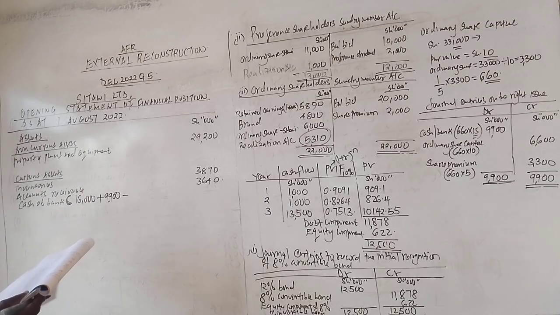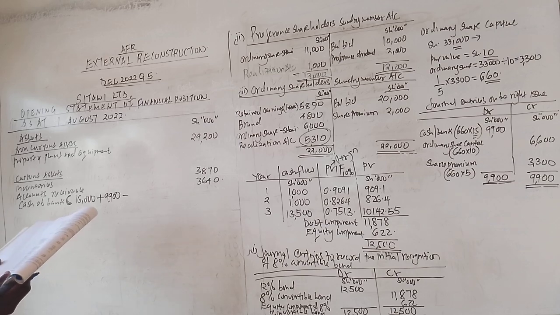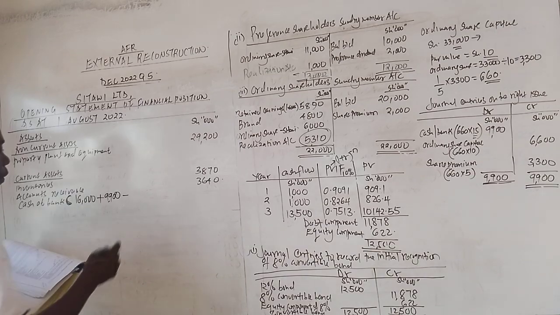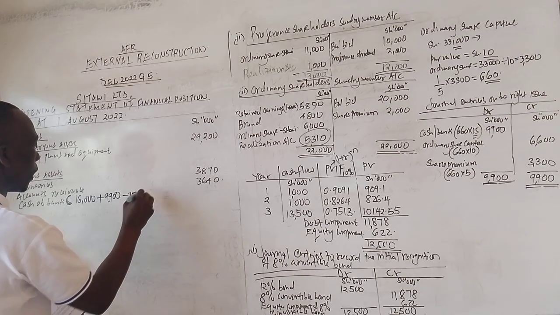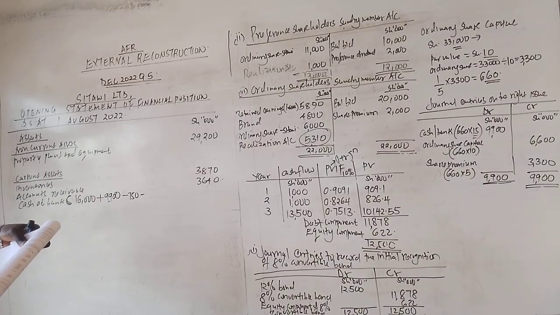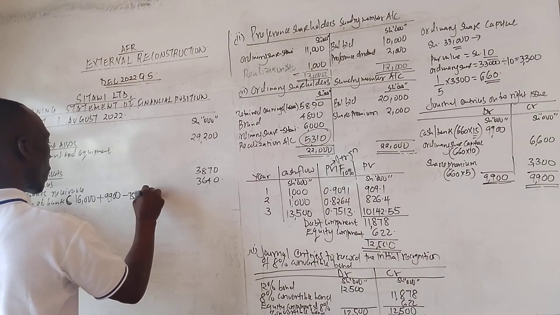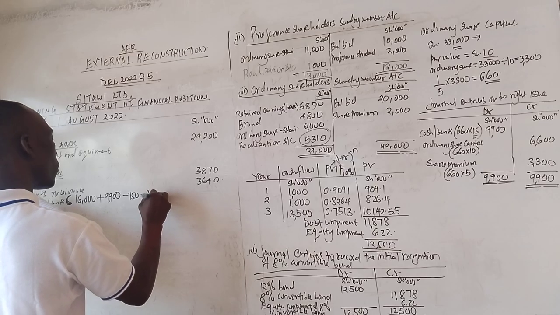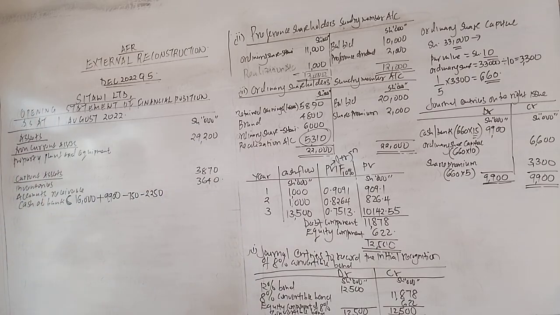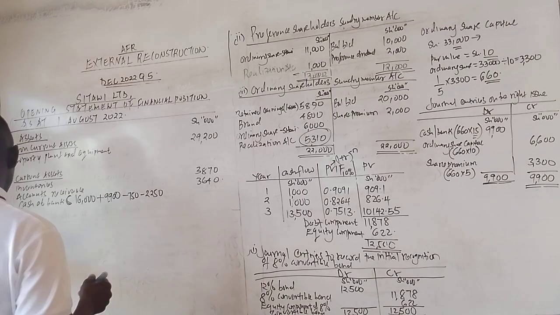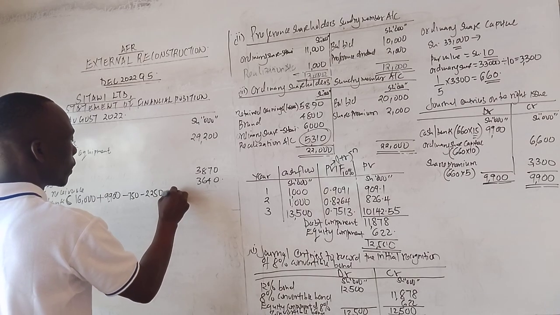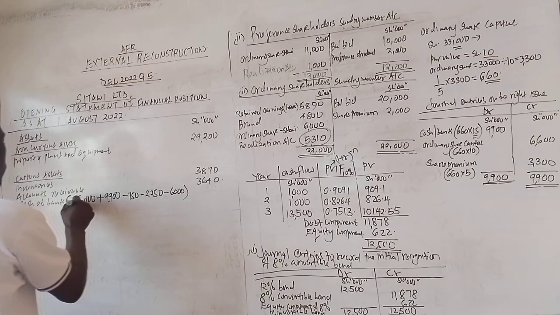Then from there, we paid some expenses. The accrued interest to be settled was 750. Another expense which we paid is the bank overdraft. Immediately the money kicks into the account and you have the bank overdraft, the bank will just take their dues. Also the liquidation expense was settled.